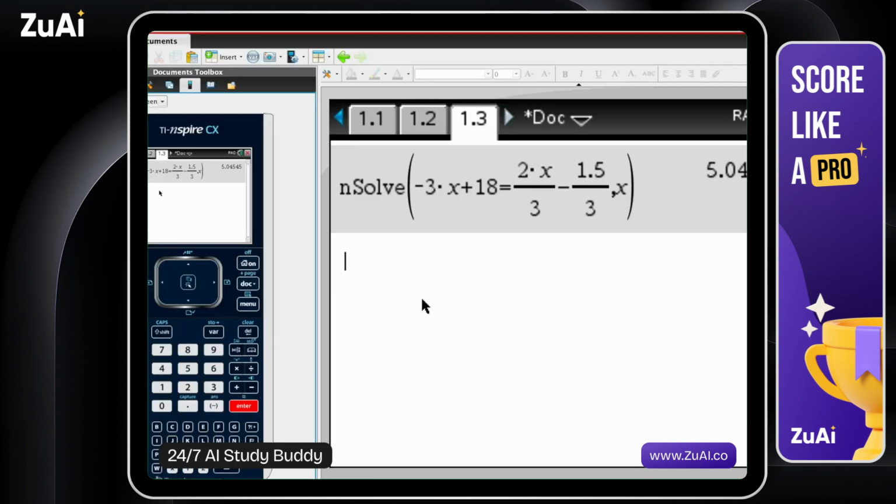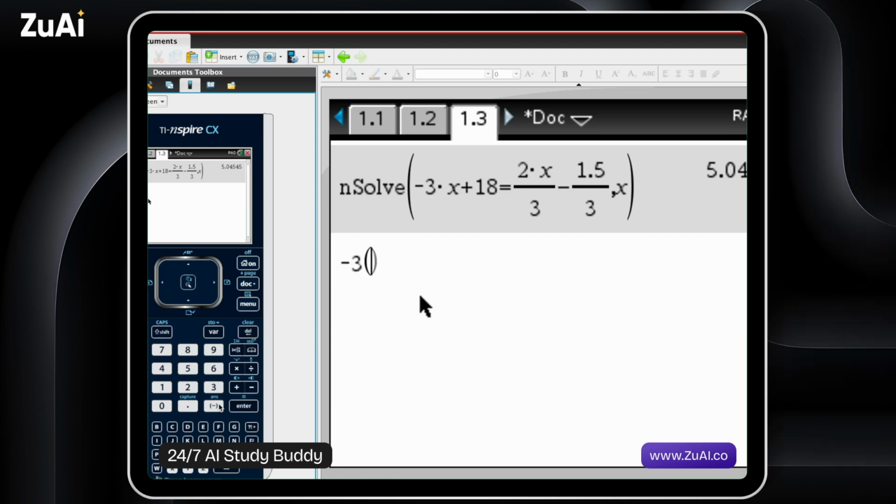So we'll go back to the calculator real quick and do that. So negative 3 times 5.04545, and then plus 18. And so we have 2.86.